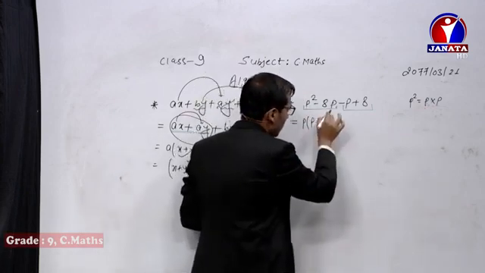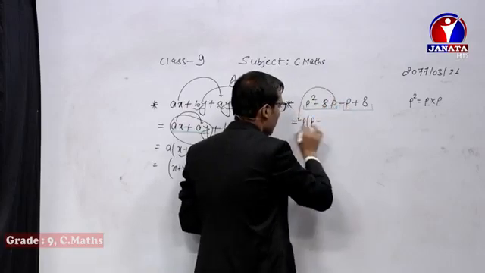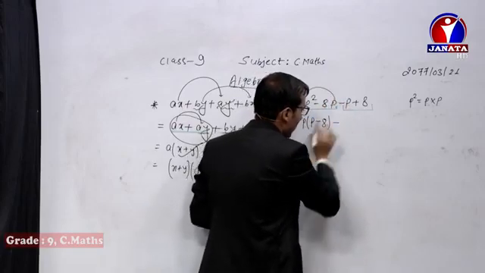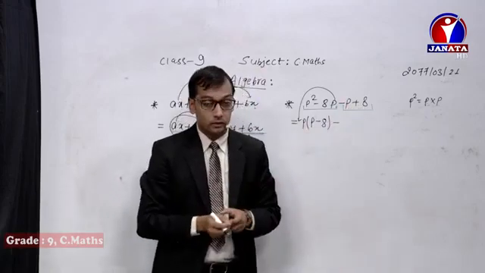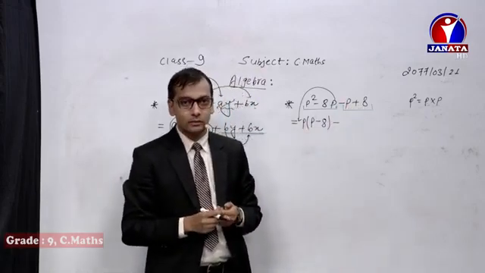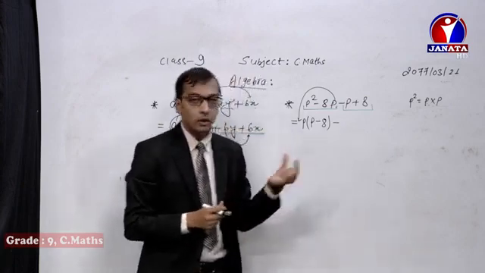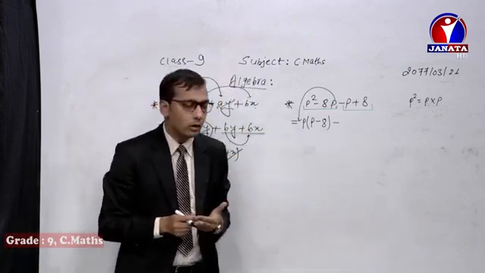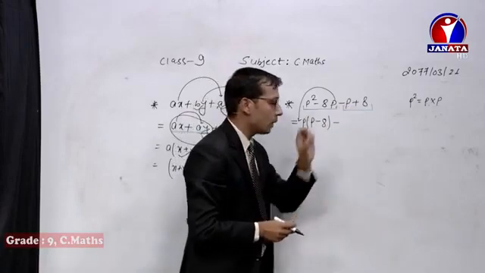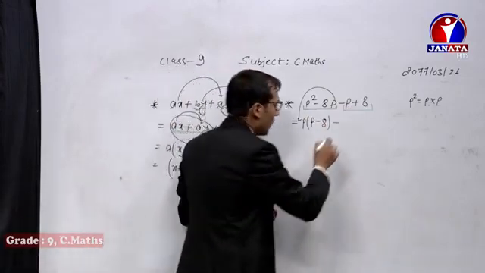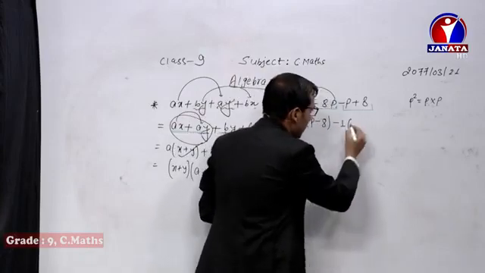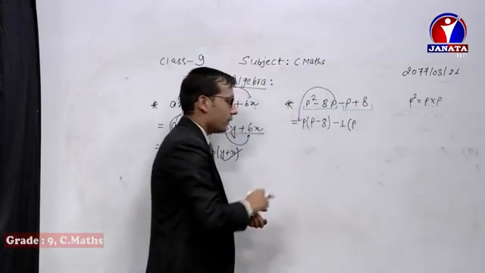Now minus p plus 8, what is common? There is no number or letter common between minus p and plus 8, so obviously 1 is the common factor. So we can take 1 as the common factor, and p is left.